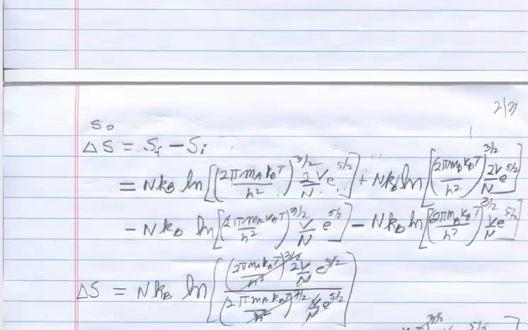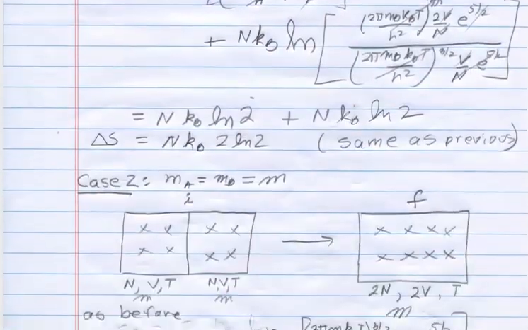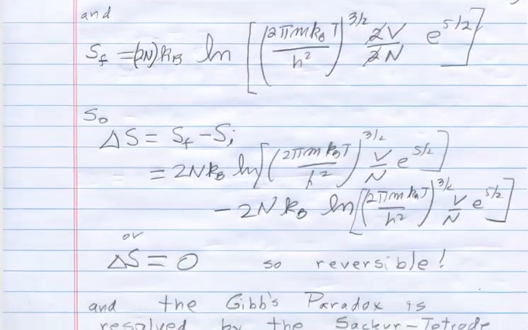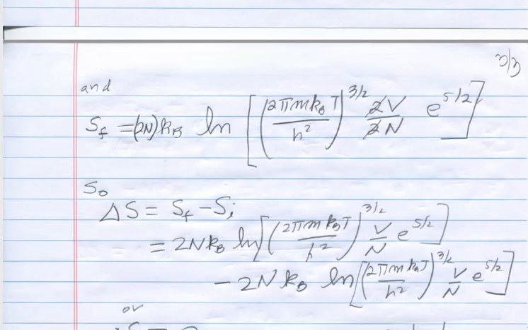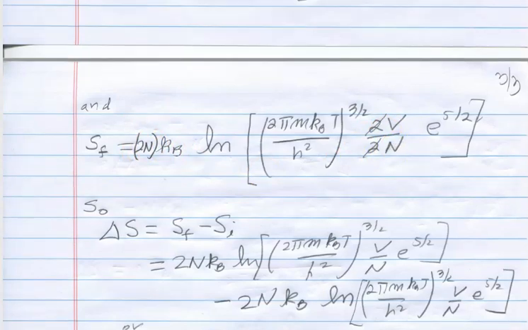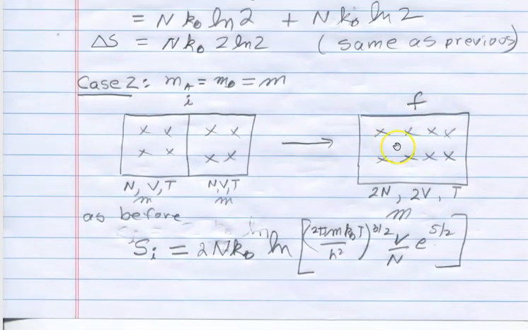And so the final entropy of the system is just this expression, 2N, 2V, 2V, because it again gets to roam. I have 2N particles roaming over that whole volume 2V.